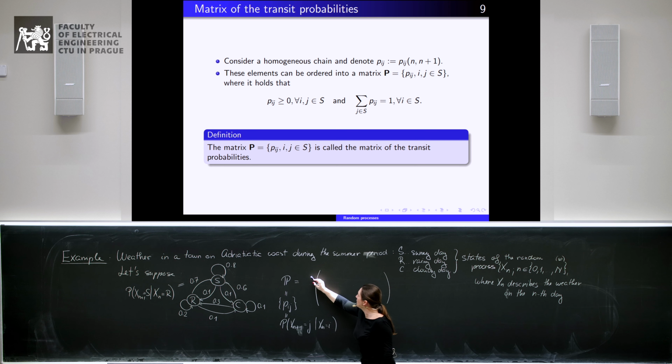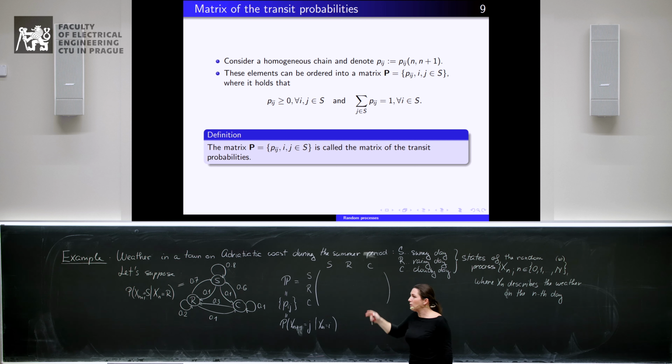So what does it mean? Our states are sunny, rainy, cloudy, sunny, rainy, cloudy, and now we will fill the probabilities from this plot.